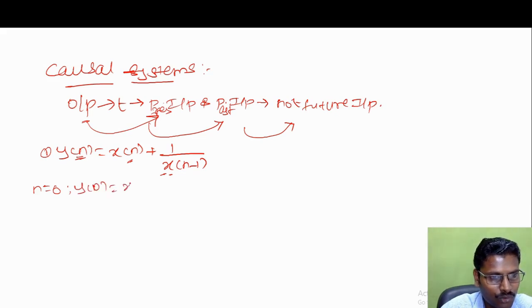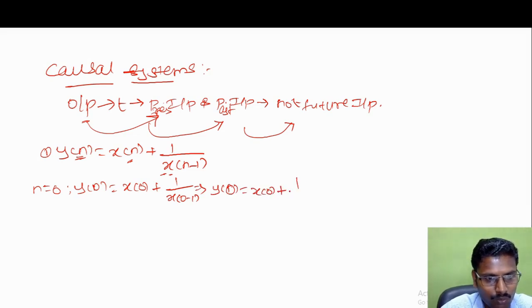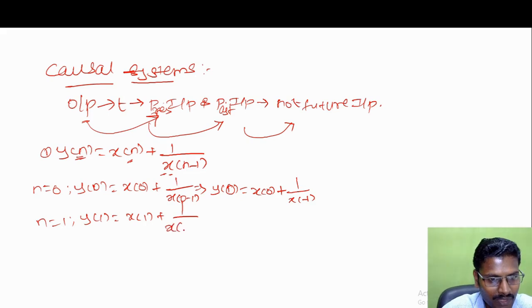So y of 0 is equal to x of 0 plus 1 divided by x of 0 minus 1. The equation will become y of 0 is equal to x of 0 plus 1 divided by x of 0 minus 1 minus 1. Now when n is equal to 1, y of 1 is equal to x of 1 plus 1 divided by x of 1 minus 1, so the equation will become y of 1 is equal to x of 1 plus 1 divided by x of 0.